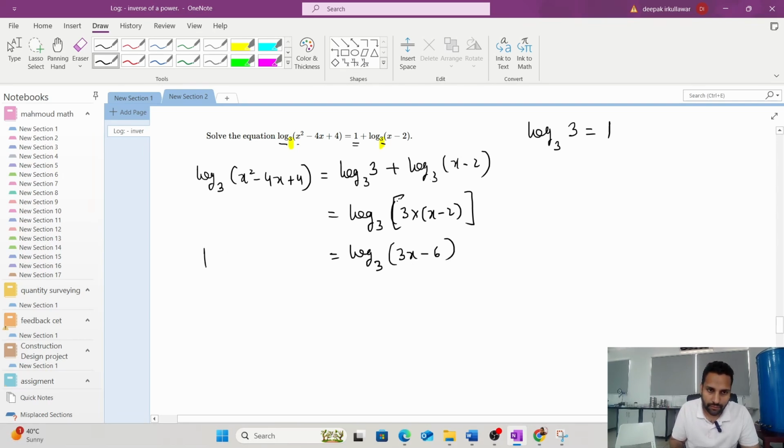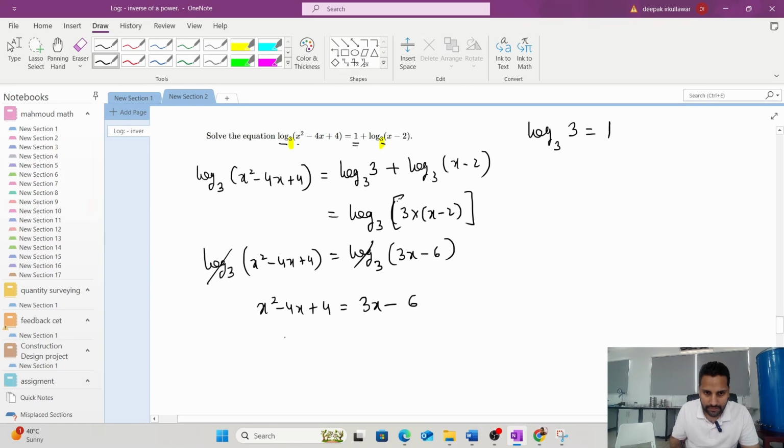So log base 3 can be removed on both the sides. So I am left with x square minus 4x plus 4 is equals to 3x minus 6.